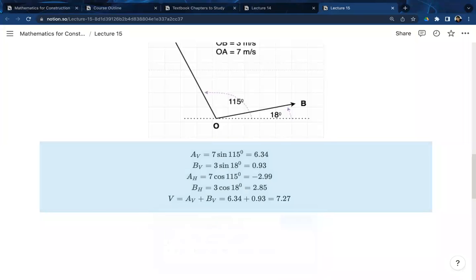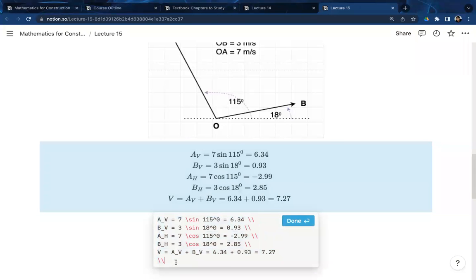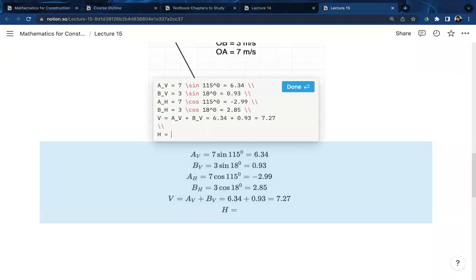We could round to 3 decimal places if you want more precision, right? Horizontal now is these two guys here.